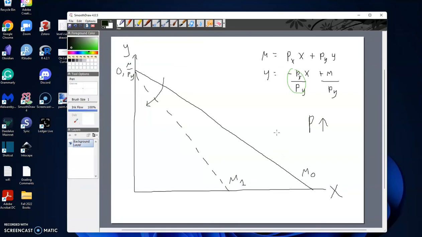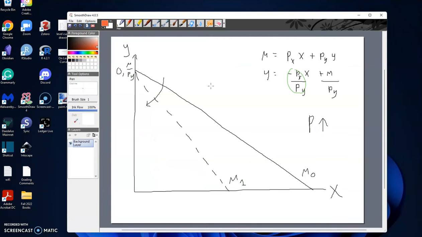So what's going on here? Now let's talk about consumer theory a little bit. At the original budget line, everything contained in here is the budget set that this consumer has, so that's everything that Bob can afford. But now it's here. We'll go over that in a second.